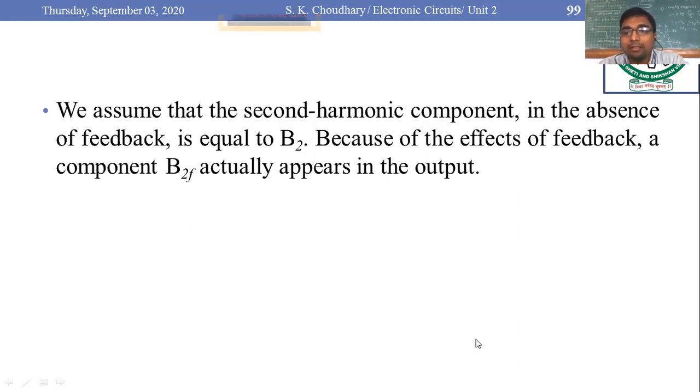You can assume that in the absence of negative feedback, the second harmonic distortion component present is equal to B2, and because of the effect of negative feedback, a component B2F appears in the output.